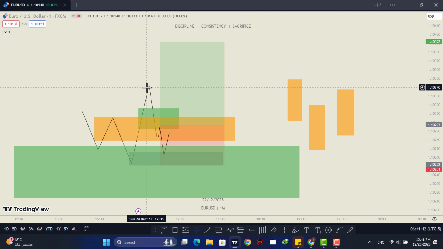So let's summarize things up. The next time you want to take your entry from that fair value gap or the breaker block or, I don't know, another block, don't take it. Wait for that swing formation to form.